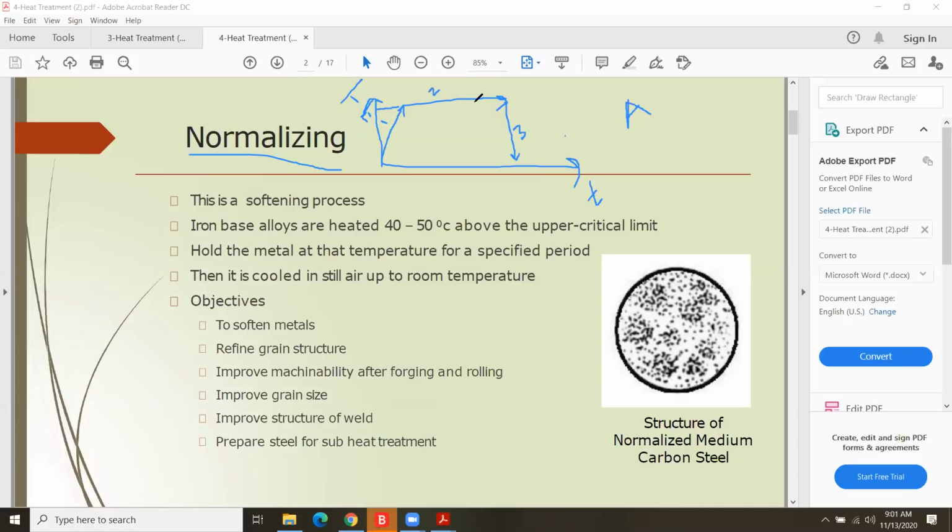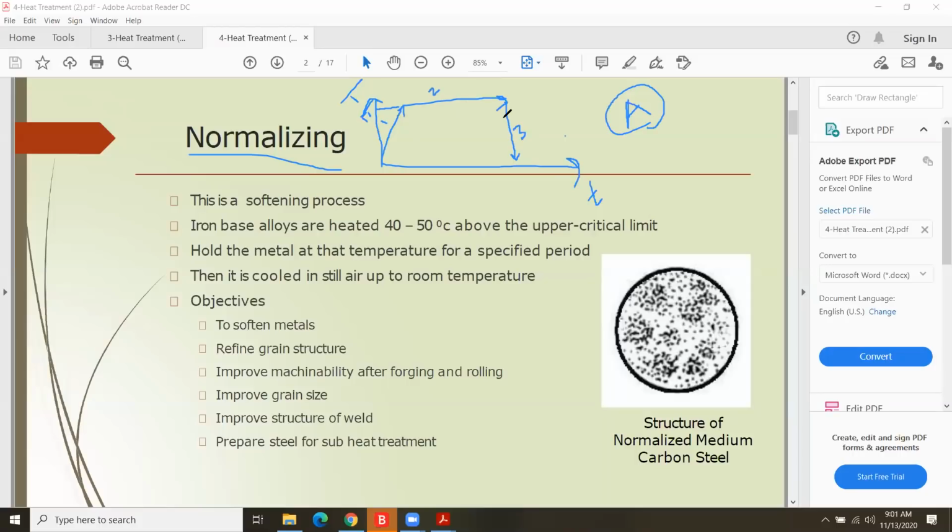Second stage. So what you are doing here is that heated steels are held at this constant temperature. Why? To complete that homogeneous structure, because austenite structure is forming at this level. So to complete this homogeneous structure, the steels are held at this constant temperature, right?